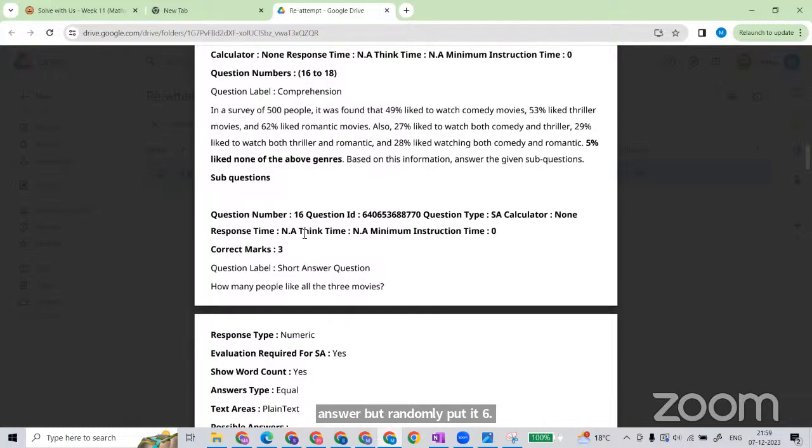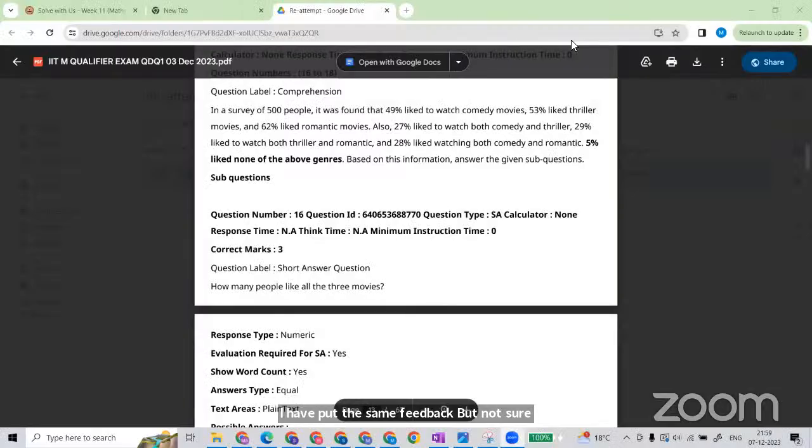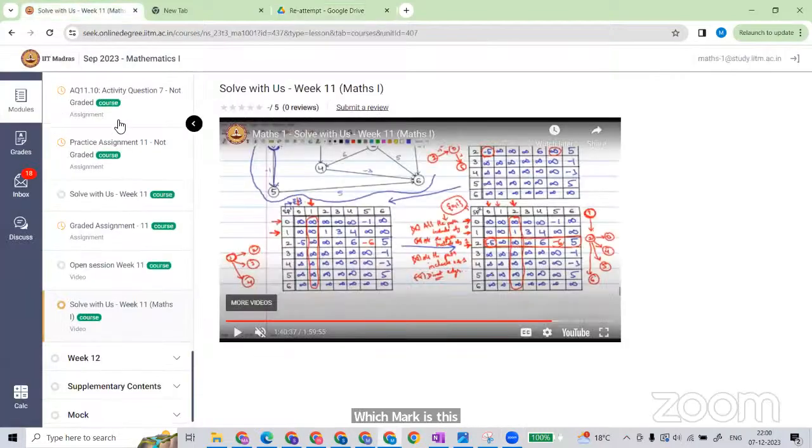Okay. Actually this question is a week 1 to week 4 mock question, and as per the same question the solution is available. I have put in send feedback, but I'm not sure. Which mock is this? Week 1 to week 4.